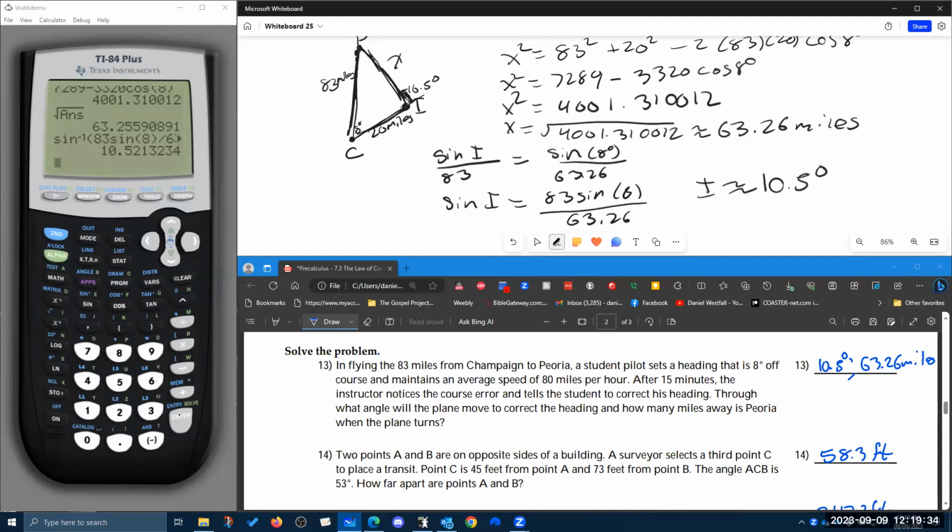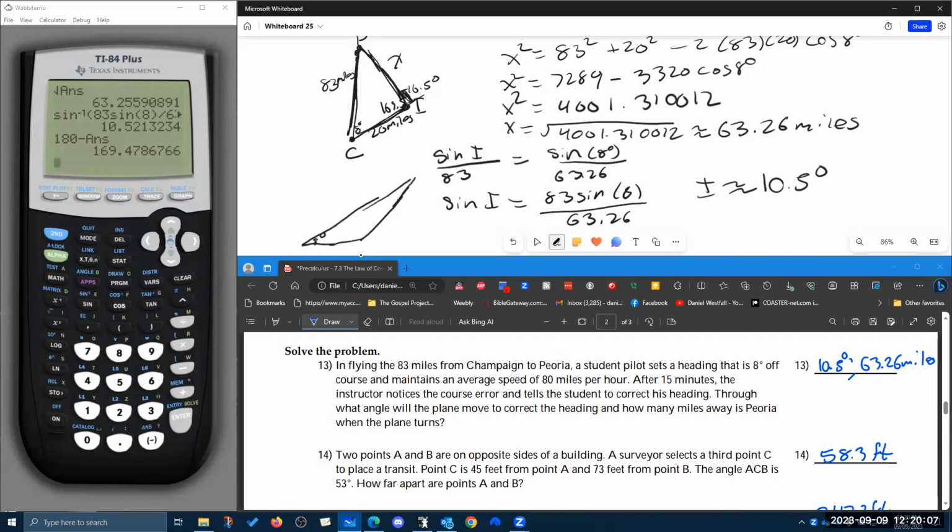This angle here was much bigger than I drew. I did not draw this to scale. This angle is actually 169.5, so we have a huge angle I here.